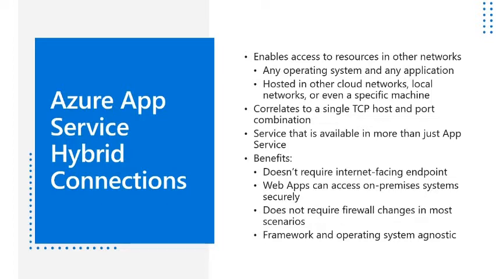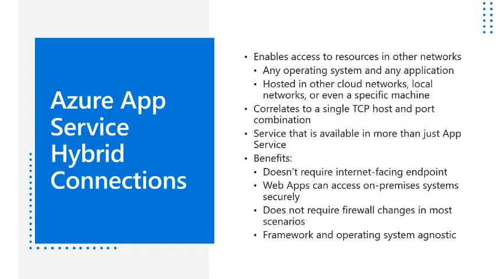Hybrid connections is both a service in Azure and a feature in Azure App Service. As a service, it has capabilities beyond those that are used in App Service. There are many benefits of hybrid connection capabilities, which are: apps can access on-premises systems and services securely.